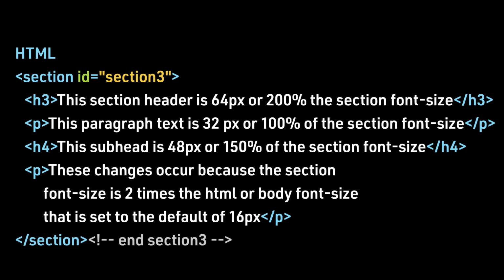The paragraph text will be 32 pixels or 100% of the section font size. And the H4 heading, subhead, will be 48 pixels or 150% of the section font size. These changes occur because the section font size is 2 times the HTML or body font size that is set to the default of 16 pixels.